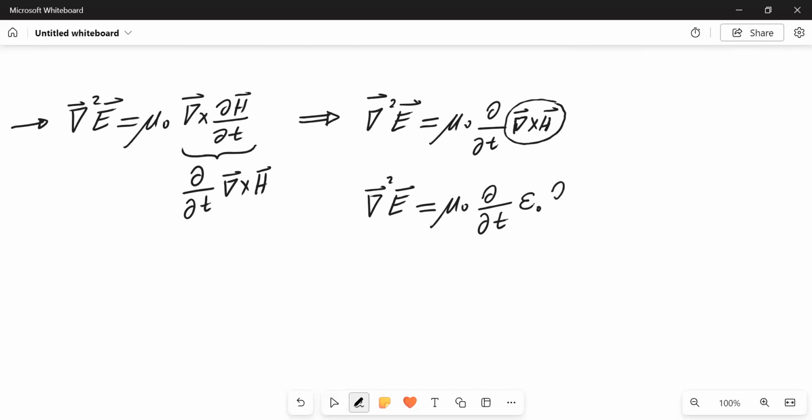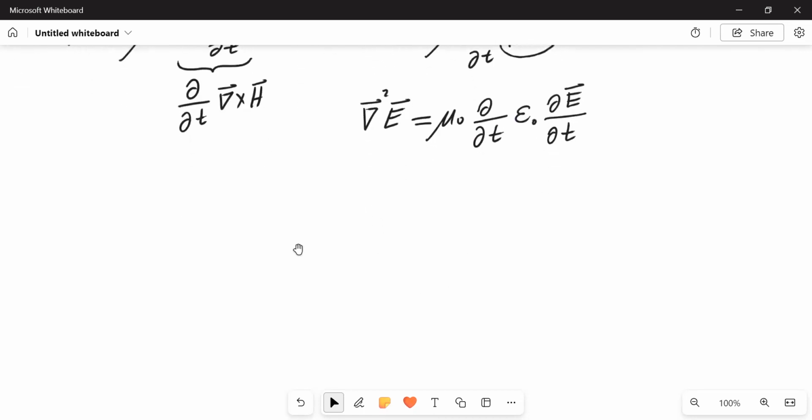It was epsilon naught times the time derivative of the electric field. And again, since epsilon naught is a constant, it can come out of the derivative with respect to time operator. The Laplacian of the electric field is epsilon naught mu naught times the second order derivative of the electric field with respect to time.